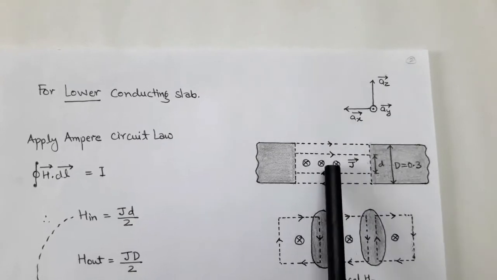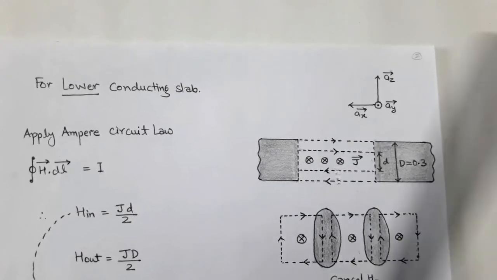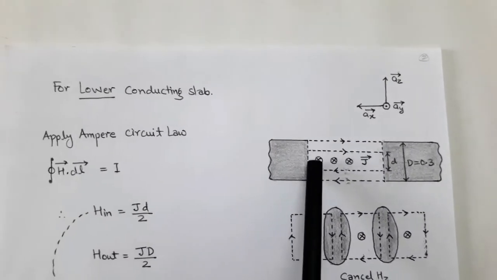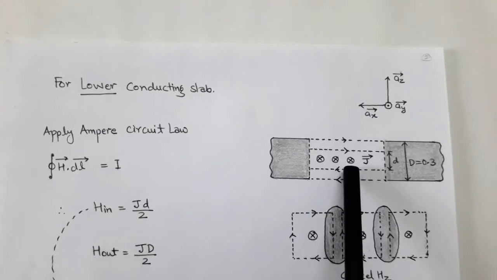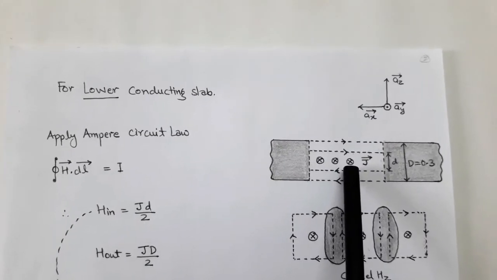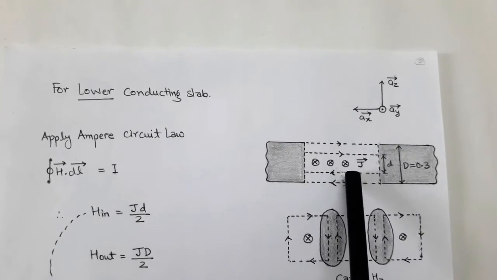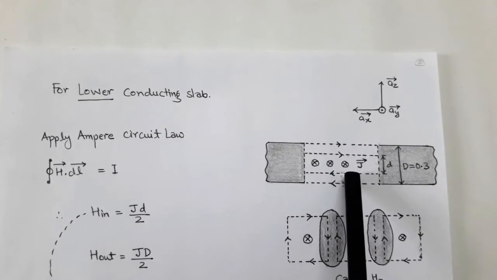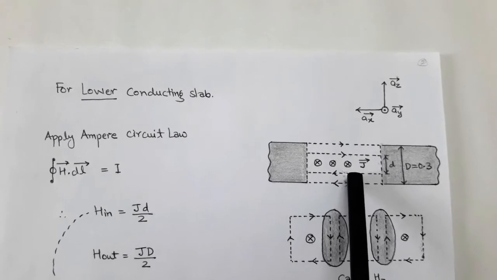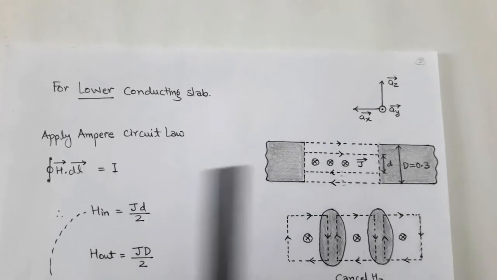So here we consider a J vector, that is the current density, and its direction is pointed inside the page, as the unit vector y pointed outside the page, and the current density is flowing opposite to unit vector y, that is pointed inside the page.